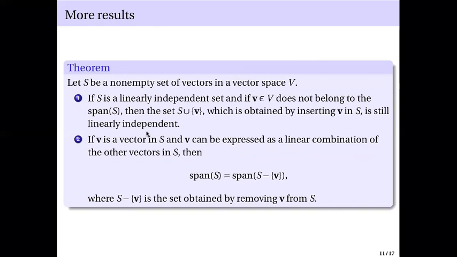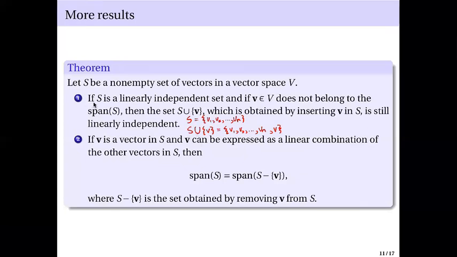So let's just look at the set. You have the set S. Say you have V1, V2, etc. until Vn. And then S union the set containing V. This is just your V1, V2 until Vn, and then you also include V. So it's a new set.